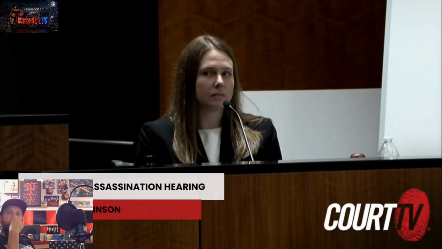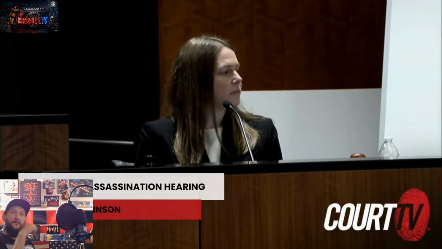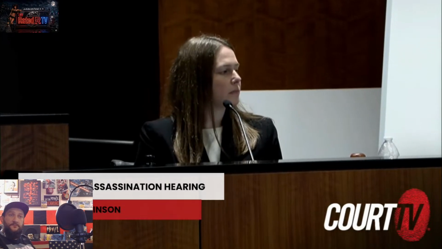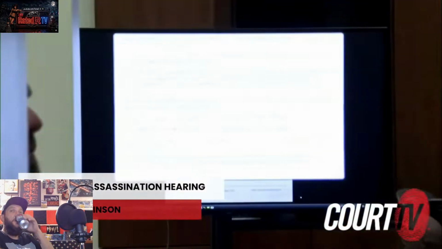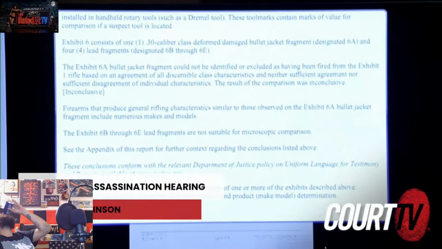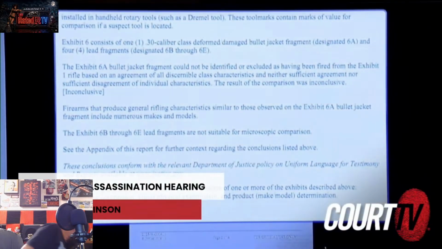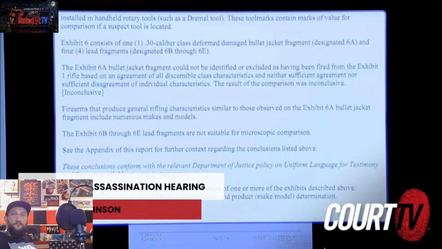You concluded here, did you not, that the Exhibit 6A bullet jacket fragment could not be identified or excluded as having been fired from the Exhibit 1A, based on an agreement of all discernible class characteristics and neither sufficient agreement nor sufficient disagreement of individual characteristics. The result of the comparison was inconclusive. That was your ultimate conclusion, right?